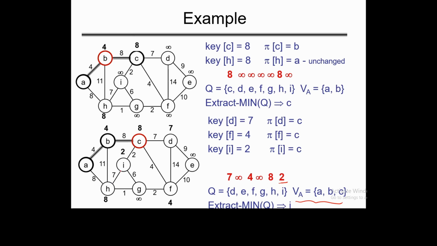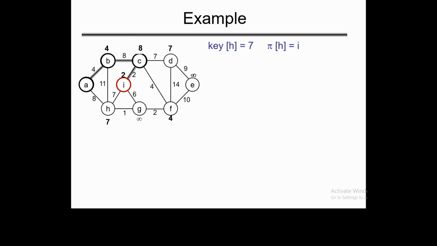So which is the neighbor node of I here? We have H as the neighbor node of I. Its key is 8, and the edge weight in between these is 7. So it will be modified as 7 and the parent of H will be I. Like this. Okay? Similarly, the key of G, which is infinity, will be modified as 6. Just look at this.